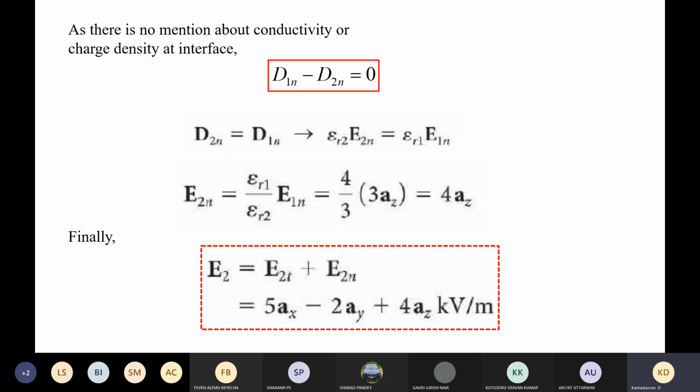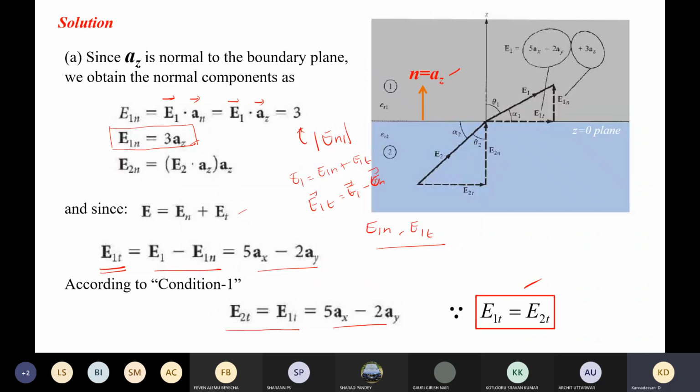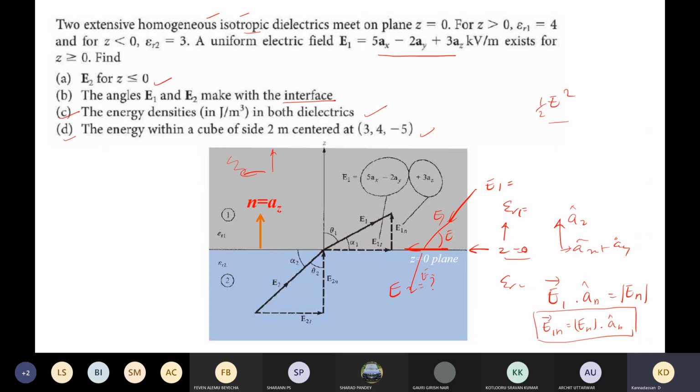the normal component? The normal components are defined with respect to Gauss law, which states that the flux density difference between the two mediums gives us the surface charge density. But as of now, there is no mention of conductivity, or of the so-called surface charge density.